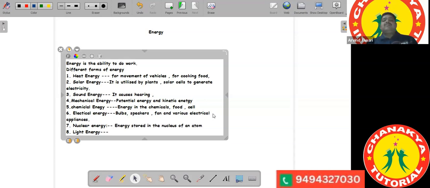All these are the various forms of energies which are available. So why are we studying all the forms of energy?